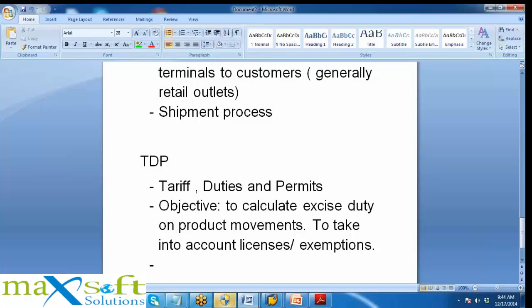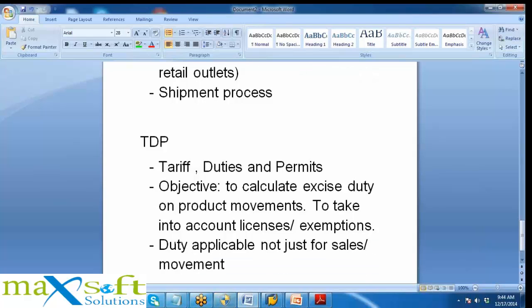In the oil industry, the duty calculation is something different. So what is the difference from the business perspective? Duty in the oil industry is applicable not just for sales or movement, but also for inventory.